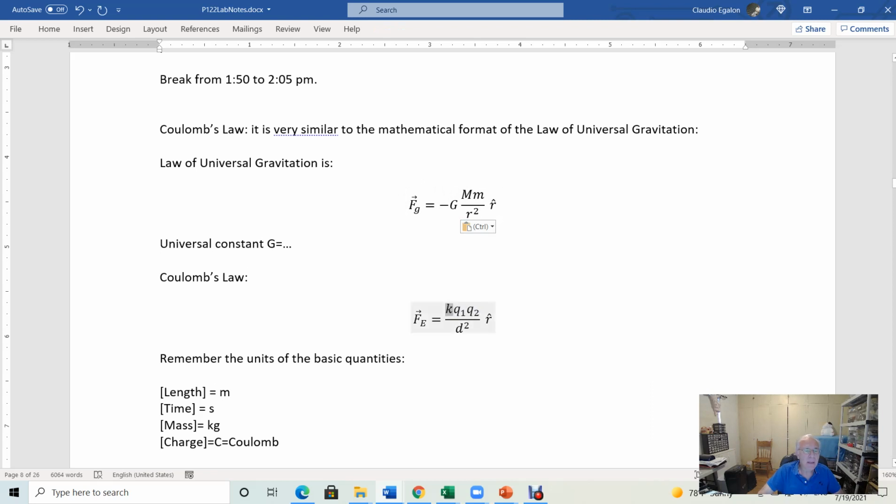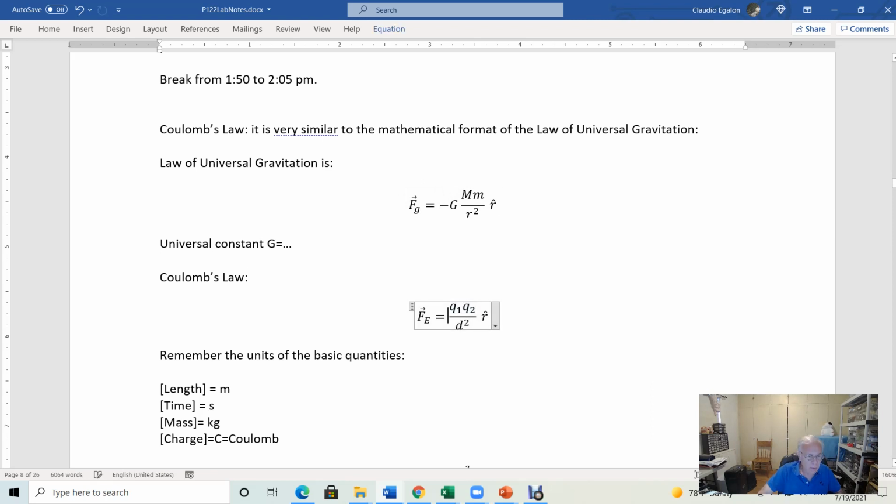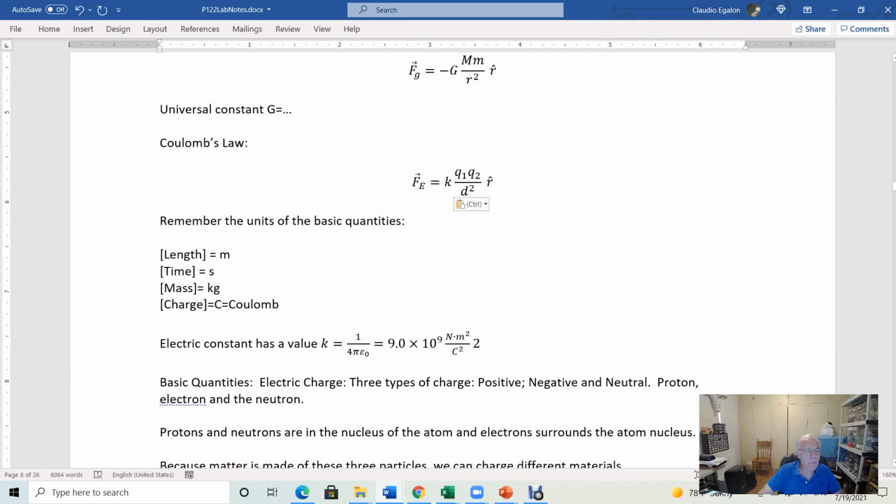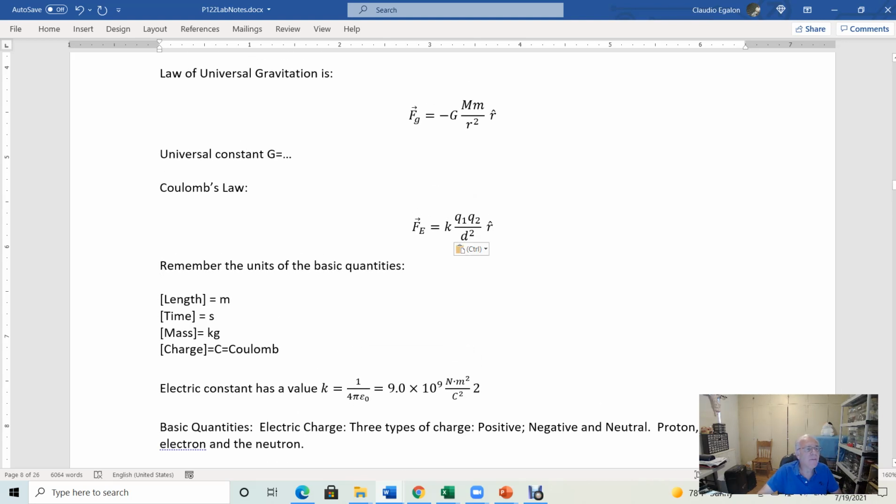And here's the Coulomb's law, constant K. Okay, so this K is given by this large number, and this G, as you remember, is given by a very small number. I didn't put it here.